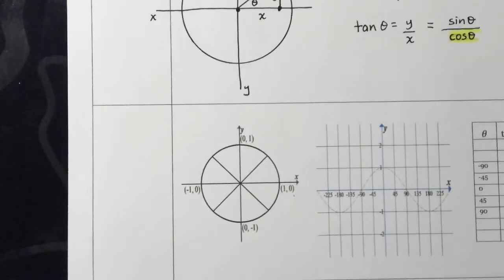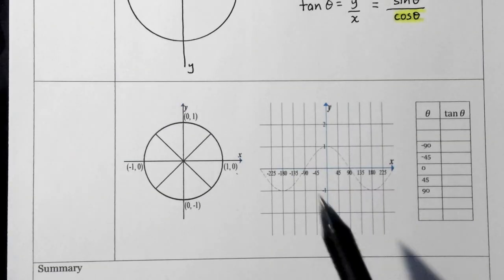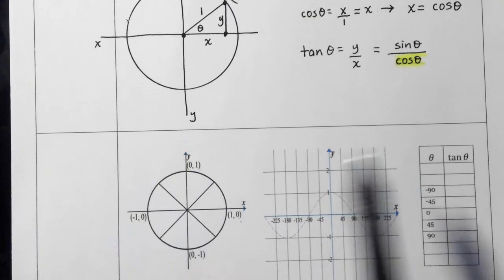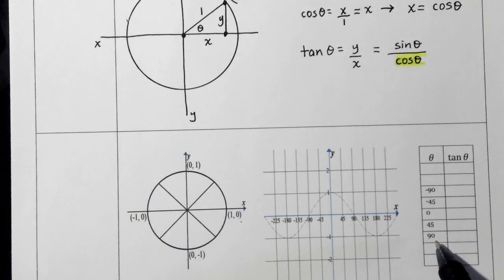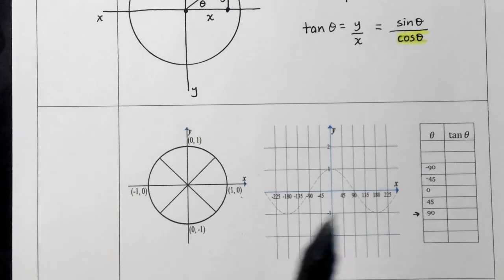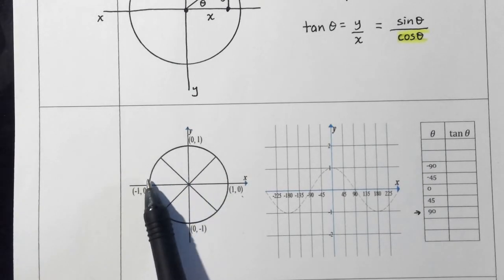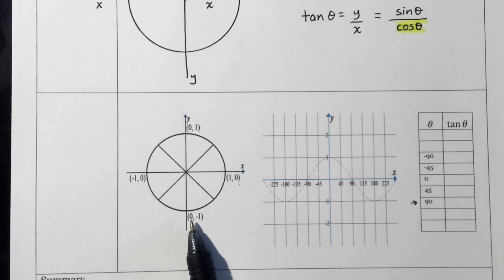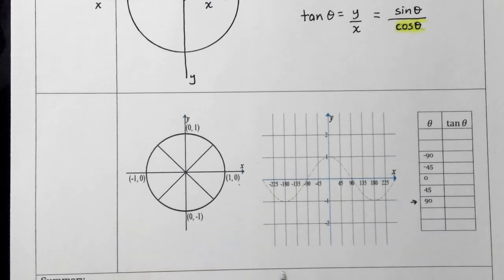So here we go. When does cosine equal 0? At 90 degrees, right there, you're going to get a vertical asymptote. And at 270 degrees, that's not even on here, so let's go backwards.